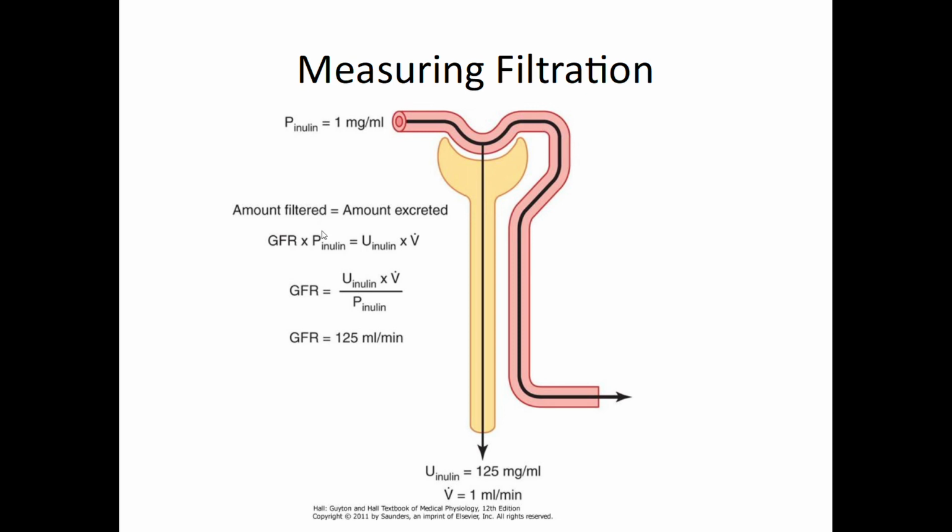We can look at the amount of inulin in the plasma, and when we compare that to the amount in the total quantity of urine that we're looking at, we can see what our glomerular filtration rate is, how much plasma is being filtered out.